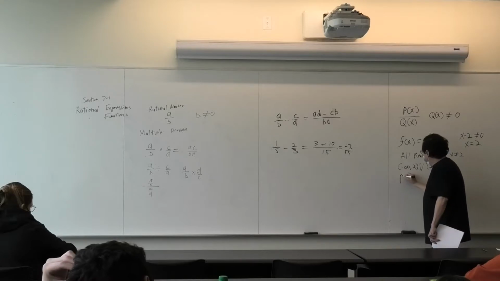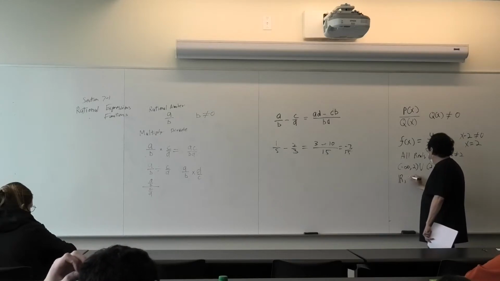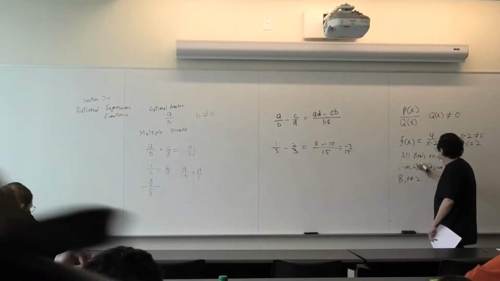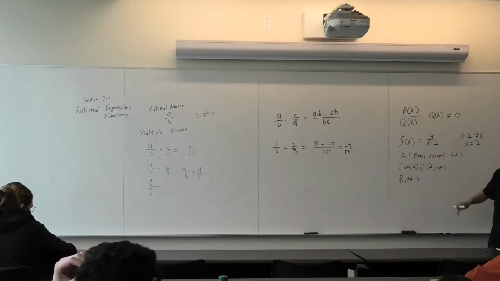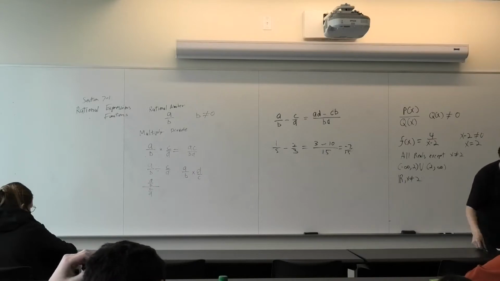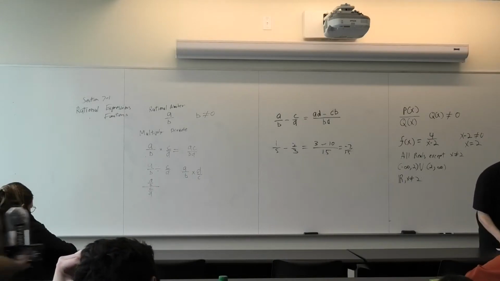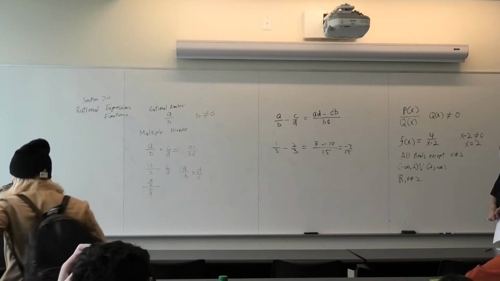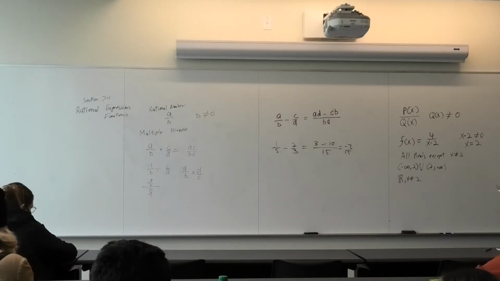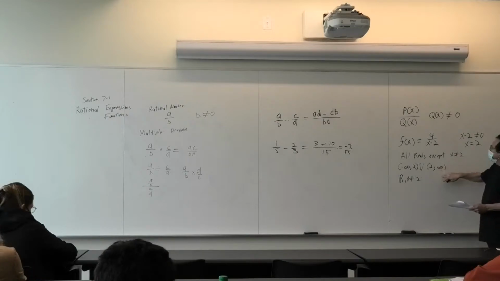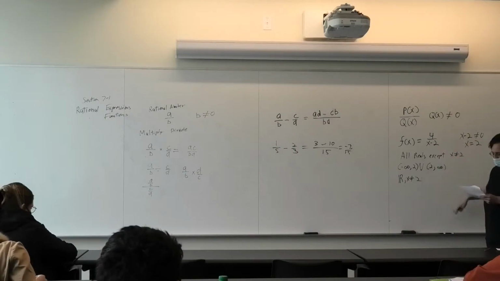Or you could say all real numbers x not equal to 2. Just as long as we ask for the domain, you indicate clearly that 2 is not allowed. All right. So that's the domain of a rational function.